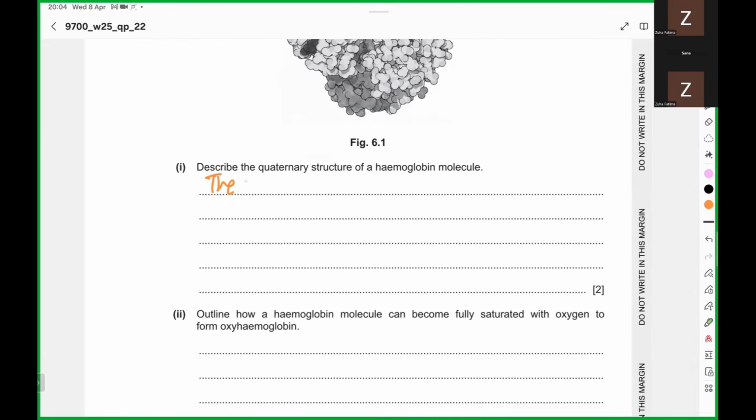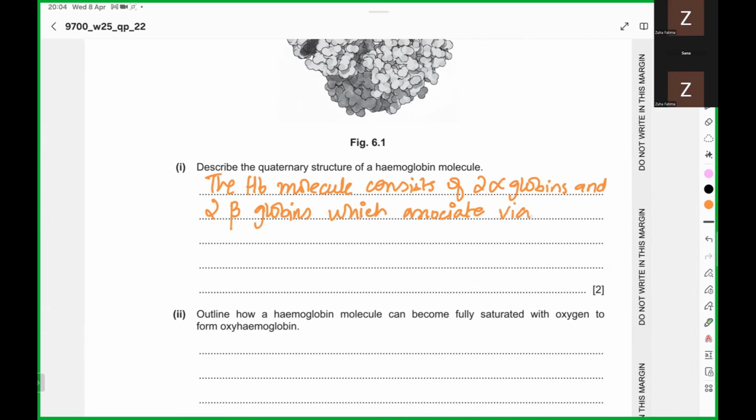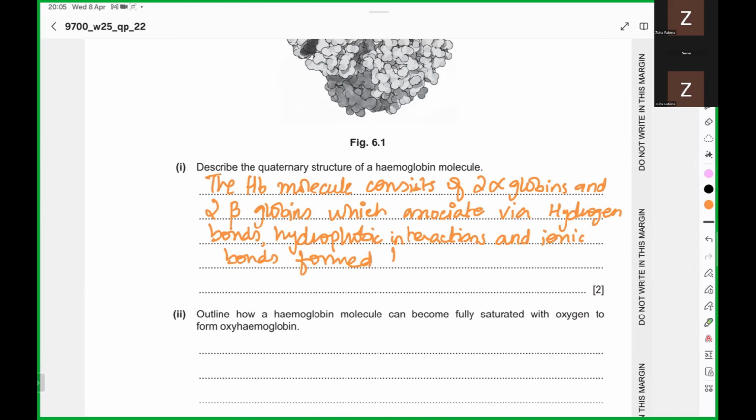The hemoglobin molecule consists of two alpha globin chains and two beta globins, which associate via hydrogen bonds formed between the R groups of the four chains.